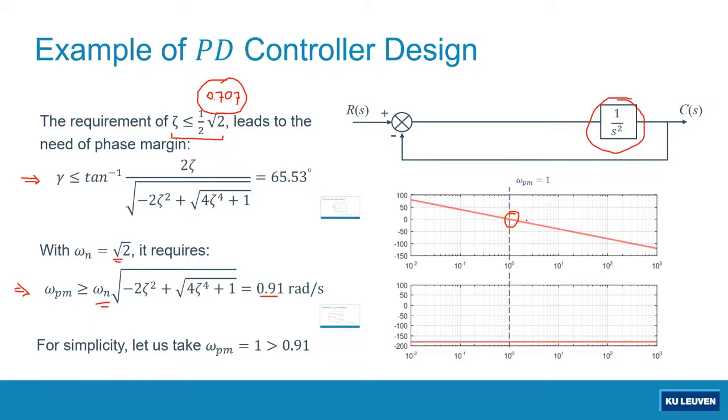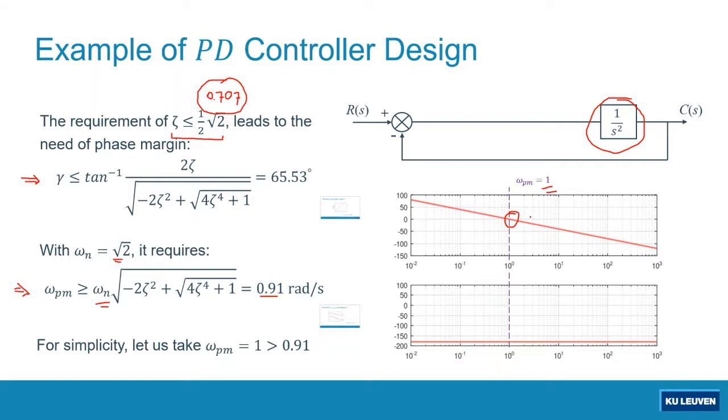By coincidence, the magnitude of my double integrator here is already close to 0 dB at 1 radian per second. Actually, if you zoom in, this is not exactly equal to 0 dB, but by coincidence in this example, at the phase margin frequency equal to 1 radian per second, the magnitude is already close enough to 0 dB, but it's not 0 dB.